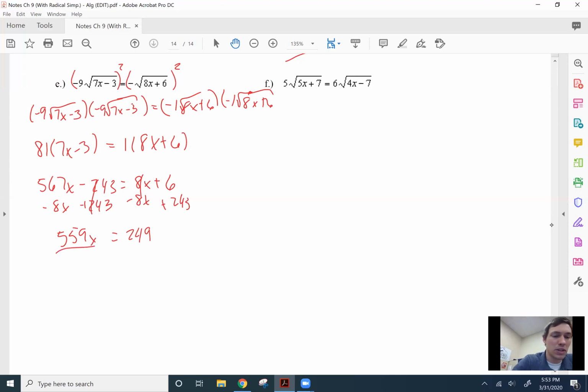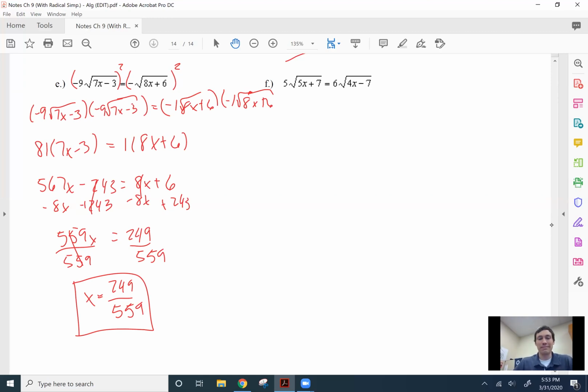X is being multiplied by 559, so I've got to divide by 559. X equals 249 divided by 559, and that does not simplify down. That is what you get. And yeah, if you were to actually plug that number in for x, you would see that these do in fact equal each other.